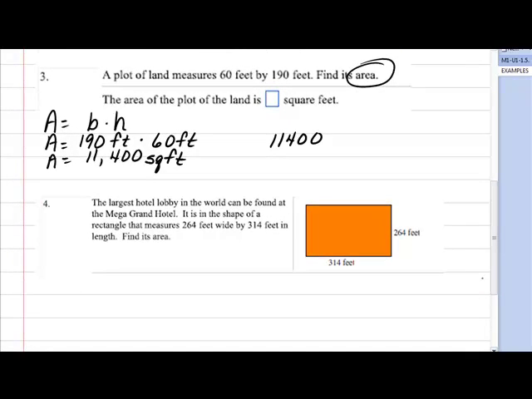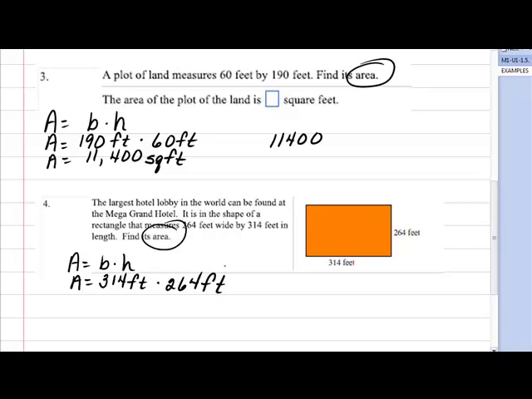Number 4 talks about the largest hotel lobby in the world at the Mega Grand Hotel. It's the shape of a rectangle, and it measures 264 feet by 314 feet. Find its area. Area of a rectangle, base times height. So it is 314 feet times 264 feet.